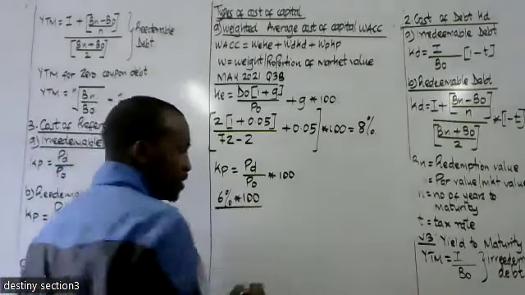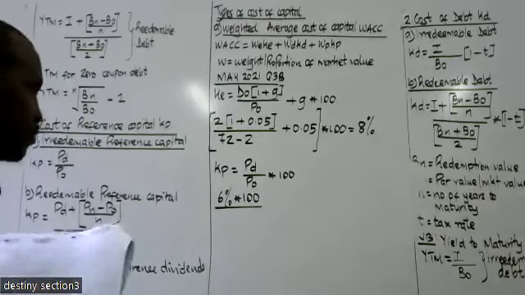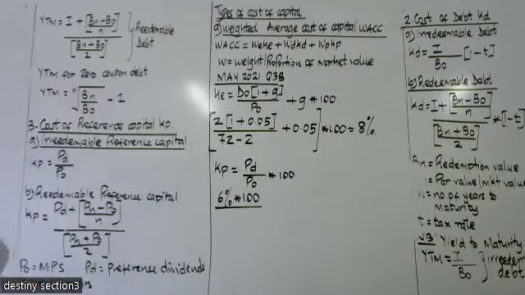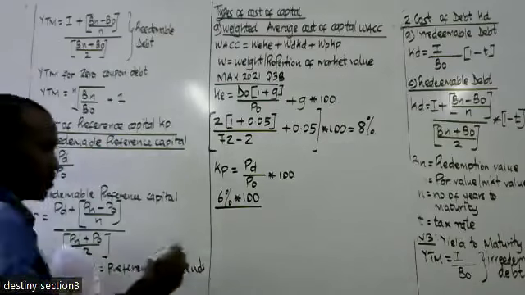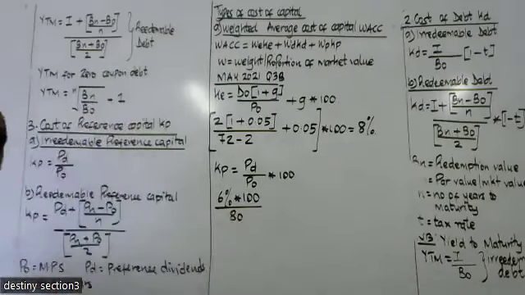You divide that by the market price. So what's the market price? The market price of preference shares? 80 shillings.